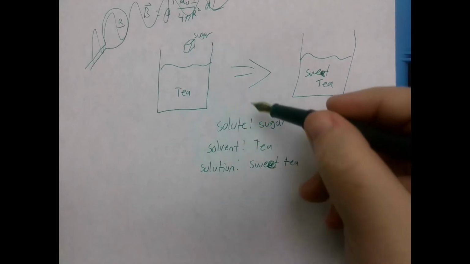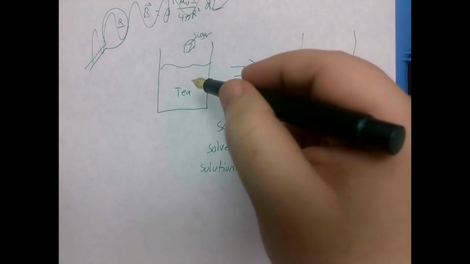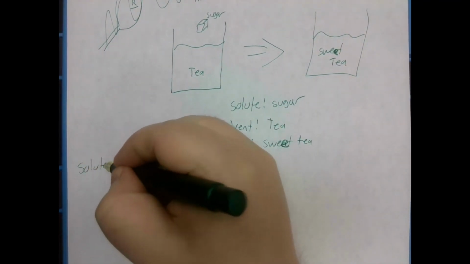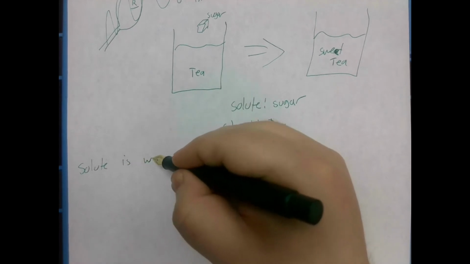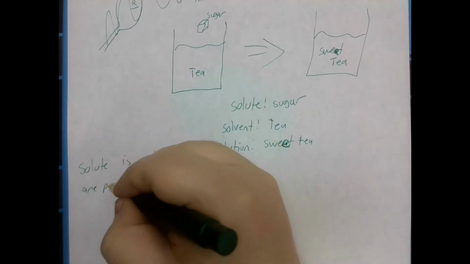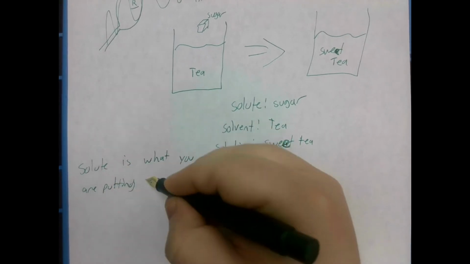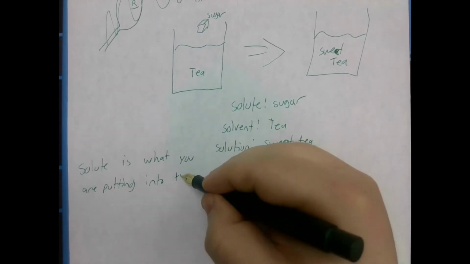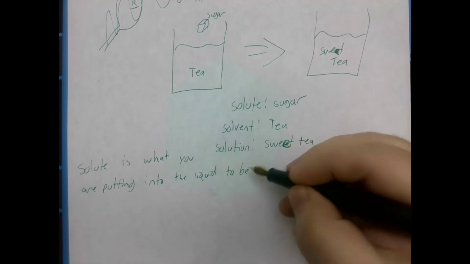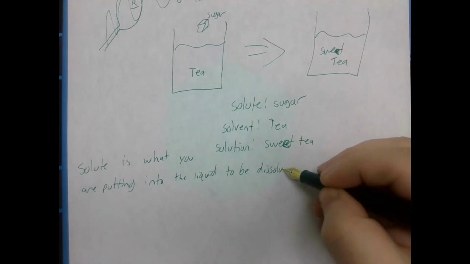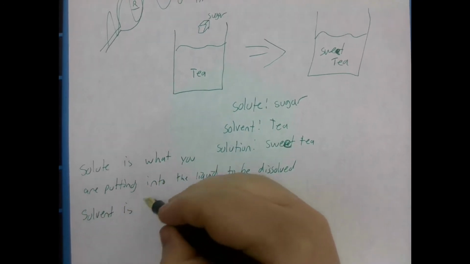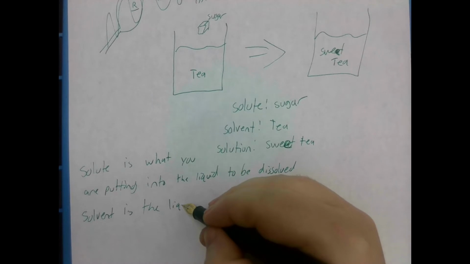So the solute is what is going to be dissolved in the solvent. Solute is what you are putting into the liquid to be dissolved. The solvent is the liquid doing the dissolving.